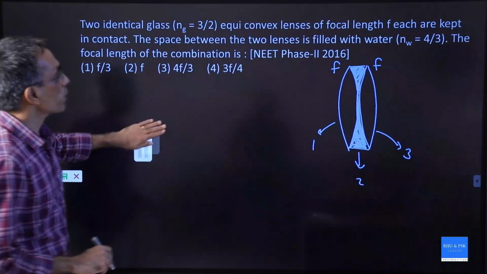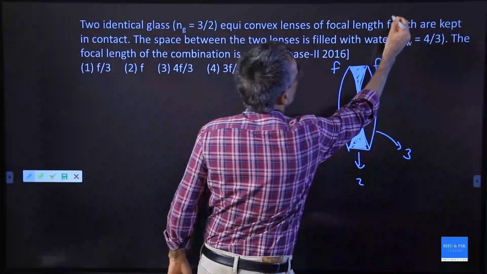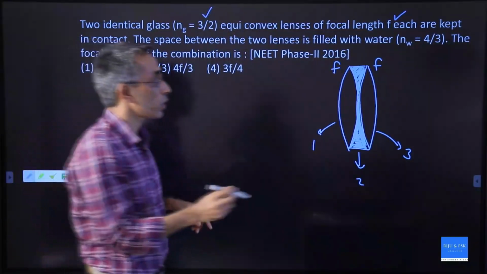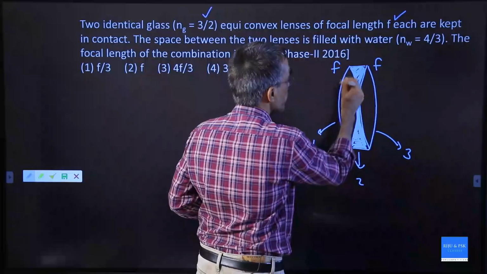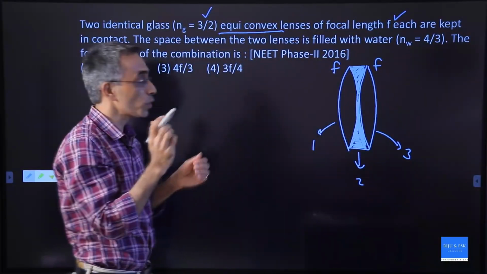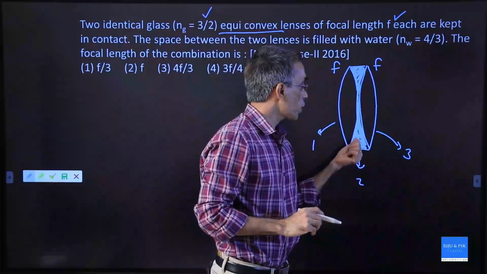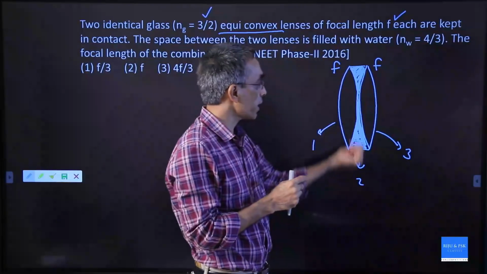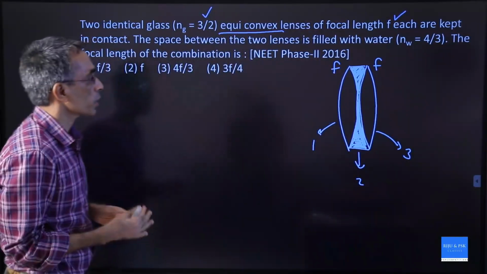First of all, from the given data of focal length and the refractive index, I am going to find out one unknown quantity, that is the radius of curvature. It's an equiconvex lens, so the radius on both sides will be the same. To find the focal length of the concave lens, you need the radius of curvature, and that radius of curvature is equal to that of the convex lens.